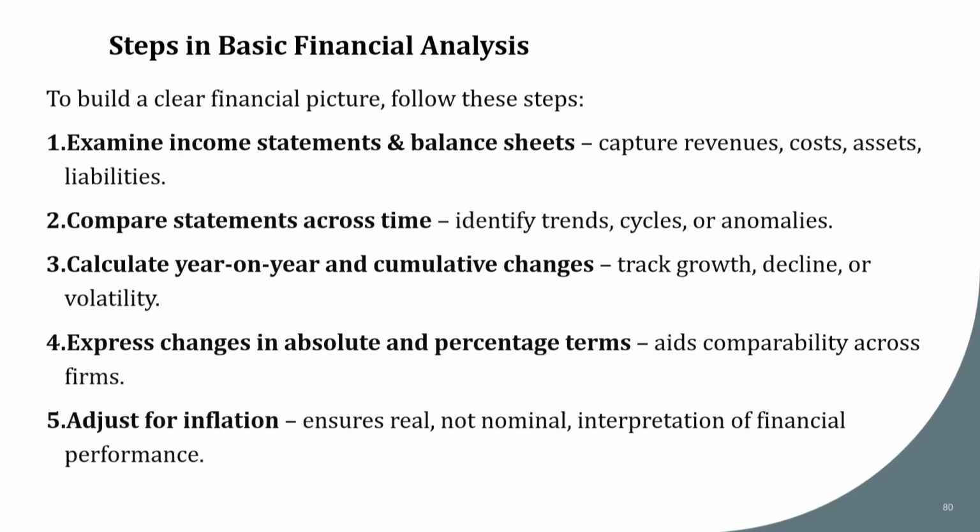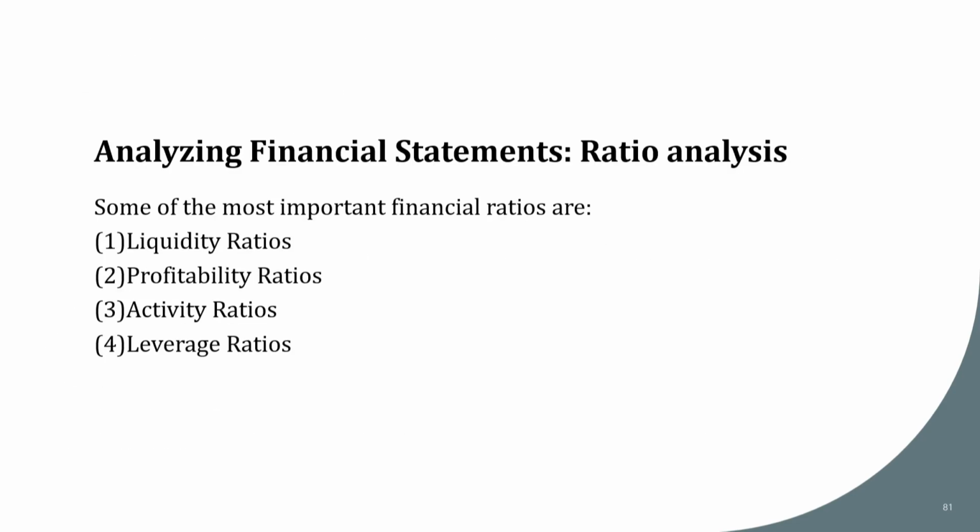Once the basics are done, the next step is ratio analysis, which allows meaningful comparison across metrics. I am listing several important metrics that have been widely used in ratio analysis. Ratios standardize performance, letting us compare across time and across companies of different sizes.